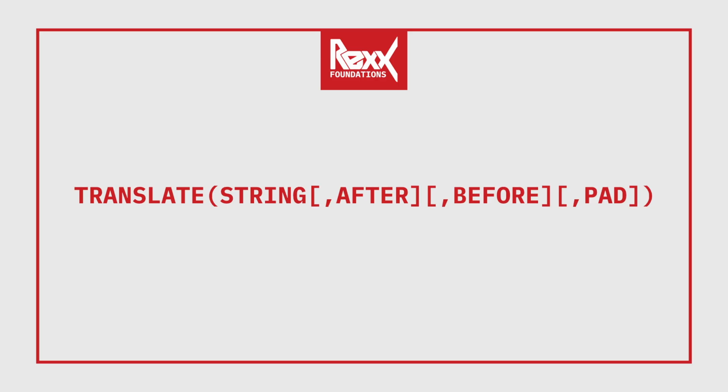The syntax is a little interesting here because it goes after, before, and then our familiar padding character. Now, after, in this case, is what we want it to look like after we replace the thing before it, which is the before character.